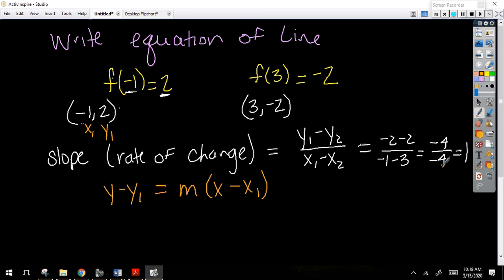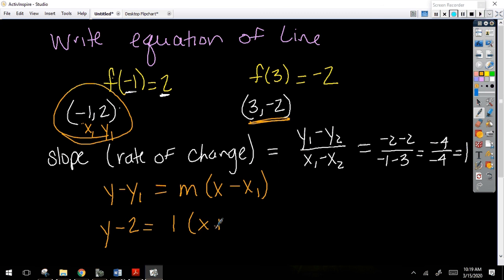Then I'm going to use the slope that I just found. So y, and I'm going to use this first one. You can use the second one, it'll give you the same thing. Y minus 2 equals slope times x plus 1. Notice how I changed that sign because it's minus. If you were to do x minus -1, that would change to x plus 1.